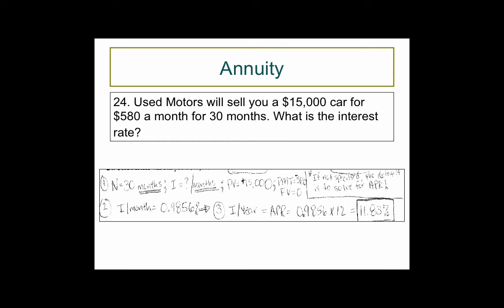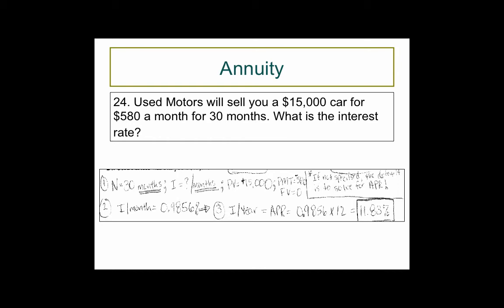The present value is going to be positive in this case because you're actually getting a loan through this used motors company. So it's almost like they're the bank, or they're giving you some kind of in-house financing. You're going to be paying over $580, and your future value is going to be 0. So this problem works exactly like the last problem.